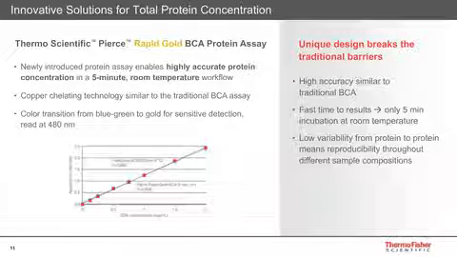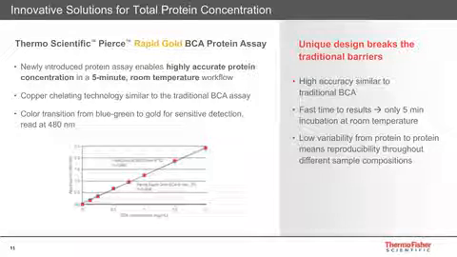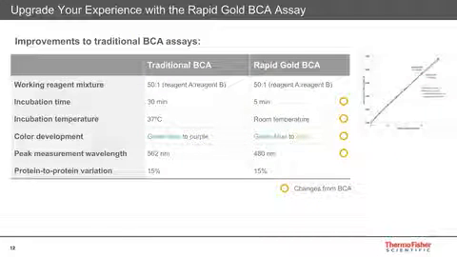The graph below shows the exact same standard curve obtained between the old traditional BCA, which is done at 37 degrees for 30 minutes, and our new Rapid Gold BCA, which is done at room temperature for 5 minutes. So with this new product, we break traditional barriers.